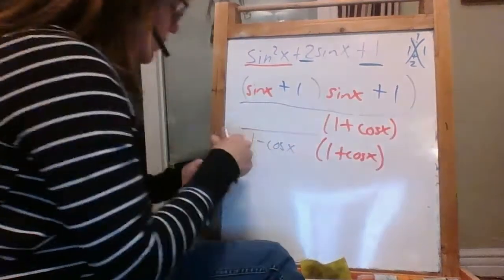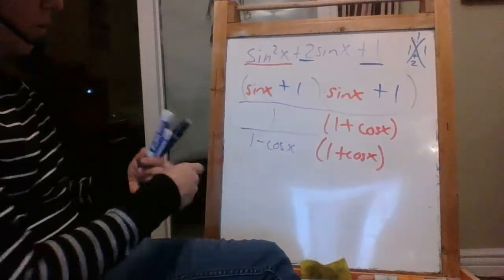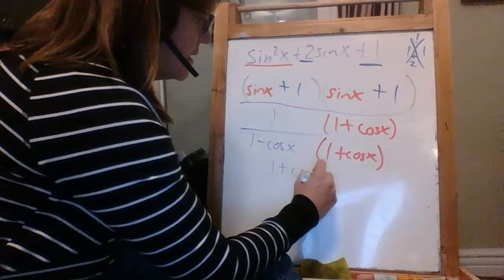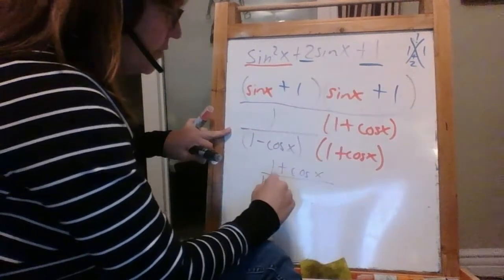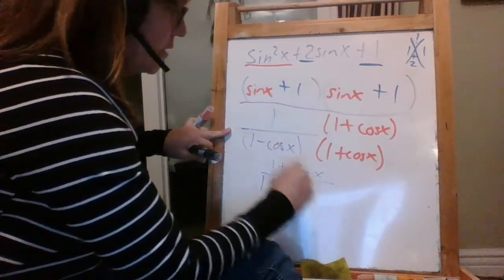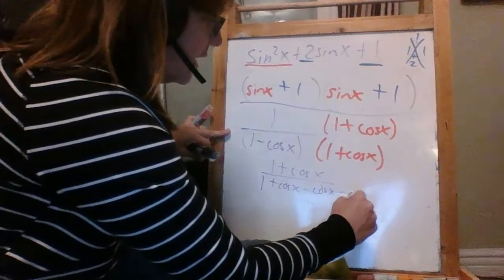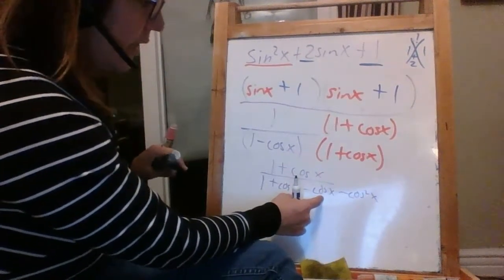For this case, I'm just going to make this a 1 so we can see the point here. So when we multiply the top, we're just going to get that 1 plus cosine x. But on the bottom, when we multiply this out, we get plus cosine x minus cosine x and then minus cosine squared x. So notice the cosines cancel here.